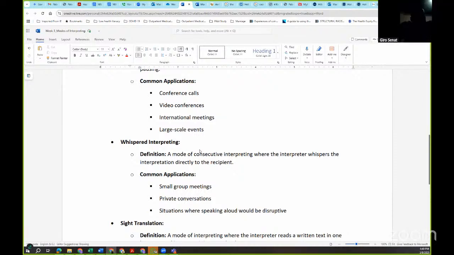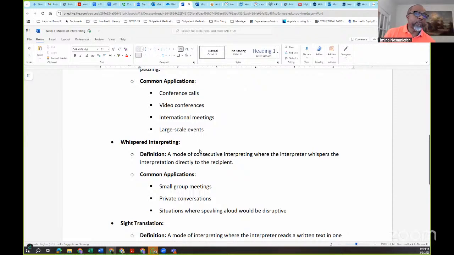So that's whispered interpreting. You use it in small group meetings, situations where speaking loudly would be disruptive. So you sit behind them and speak in a very low voice. It's a mode of interpreting where the interpreter whispers the interpretation directly to the recipient.